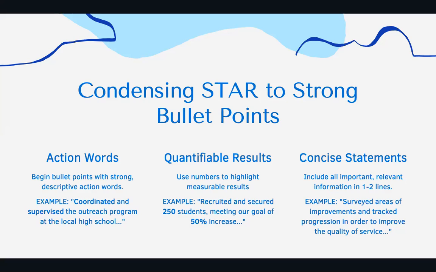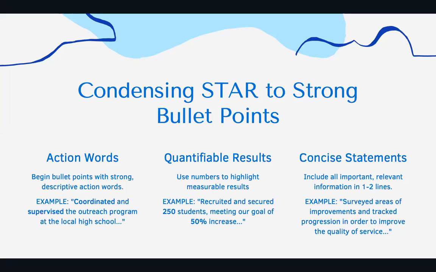So in terms of condensing STAR to creating strong bullet points on your resume, we want to highlight three things. First, having an action word to start off your bullet point is really important. Make sure to have strong descriptive action words that begin the bullet point to show the recruiter that you've done specific things. For example, if you've participated in a program for outreach, think about what specifically you've done in that program.